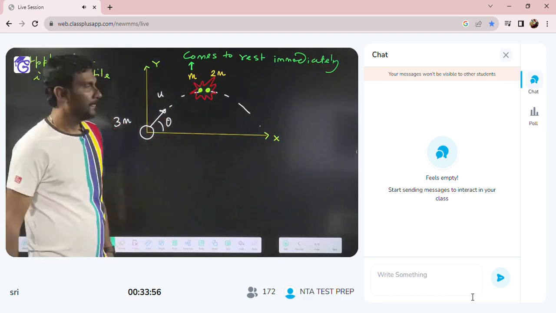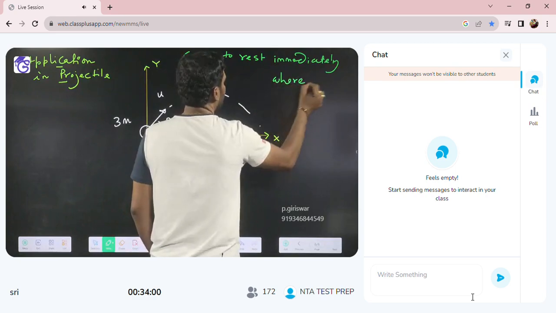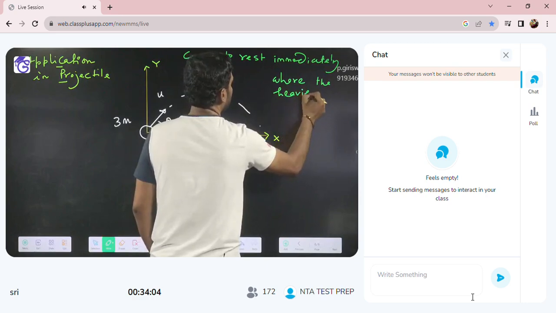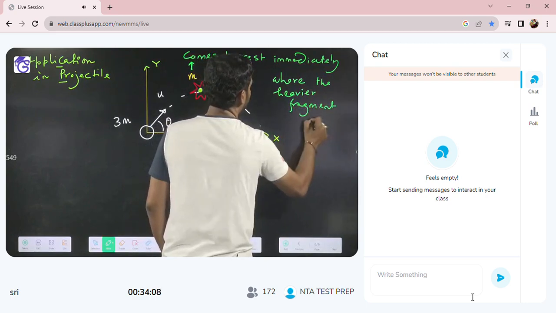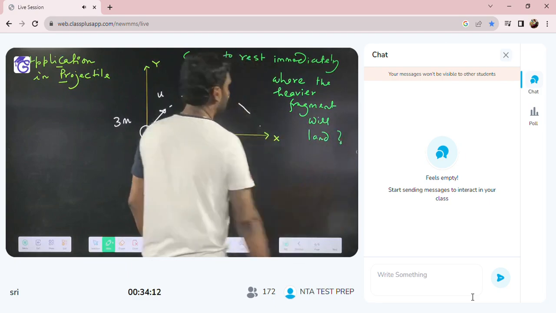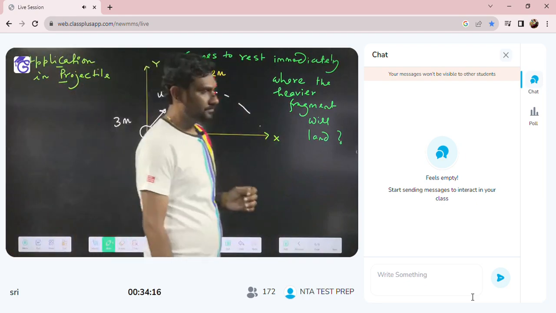Fine. And then they are asking where the heavier fragment will land. So the question is where the heavier fragment will land.